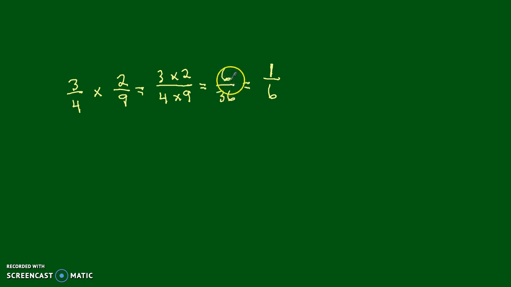There's a way to have done this problem where we didn't need to do any simplifying, and we could do that down here. So we'd start again with 3/4 times 2/9, and we could think of this again as 3 times 2 over 4 times 9.